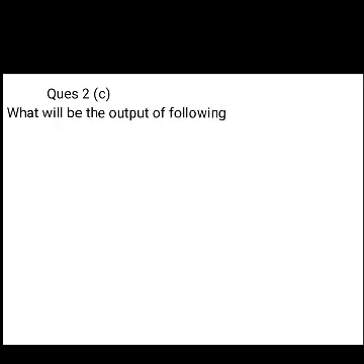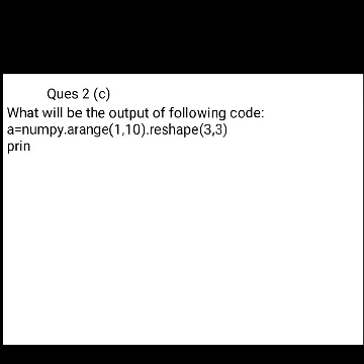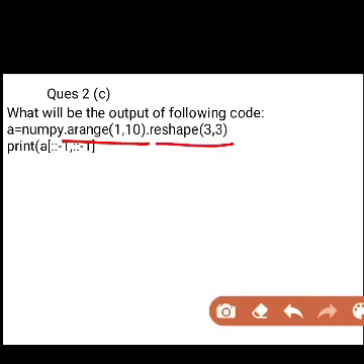Next question, question second, C part. What will be the output of the following code? And the code is given as: numpy.arange(1, 10).reshape, and then you have to print the array slice in this way. So students, first consider how this array will be created. numpy.arange(1, 10).